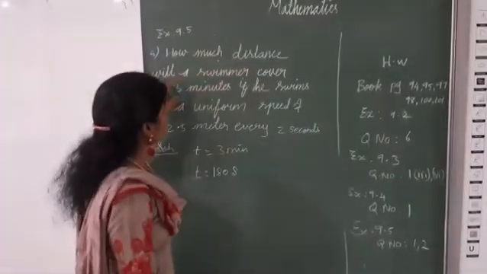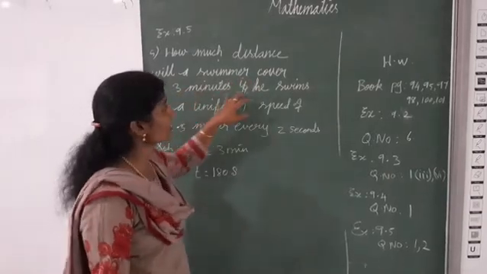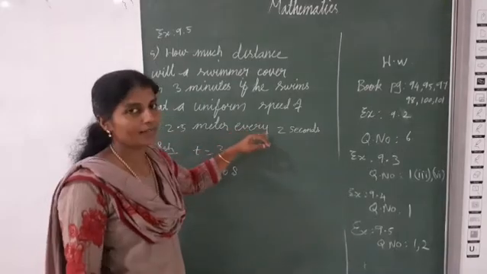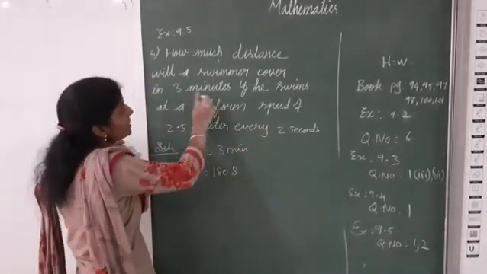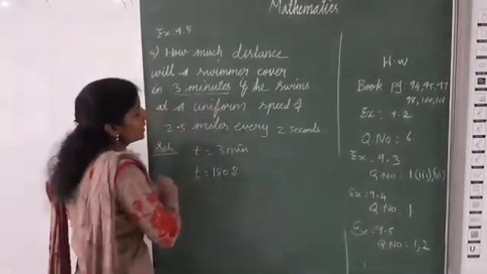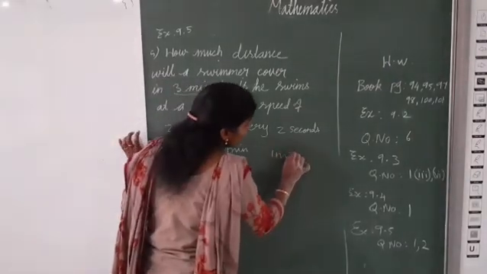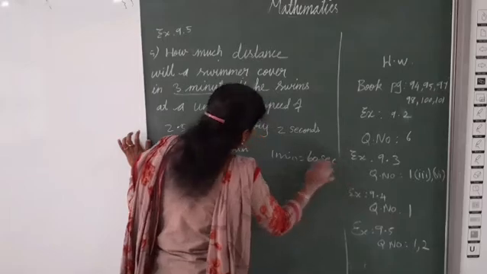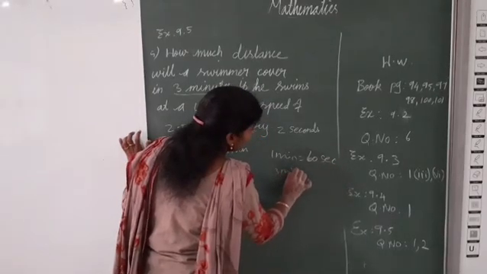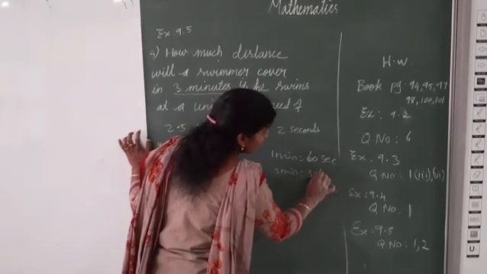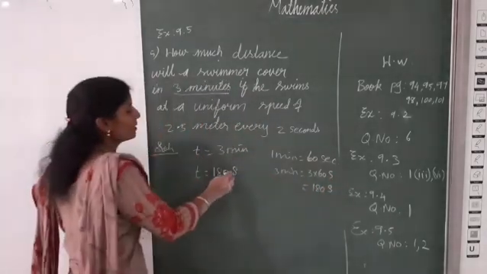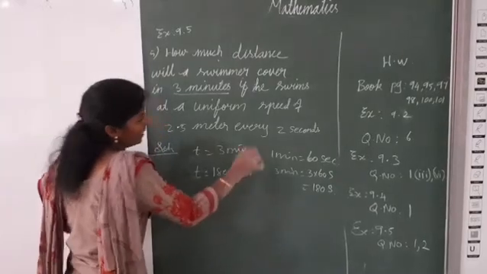How much distance will a swimmer cover in 3 minutes if he swims at a uniform speed of 2.5 meter every 2 seconds? Now here t is equal to, say, 3 minutes. Now here 1 minute equal to 60 seconds. Therefore 3 minute equal to 3 into 60 second equal to 180 second. Therefore t is equal to 180 second.